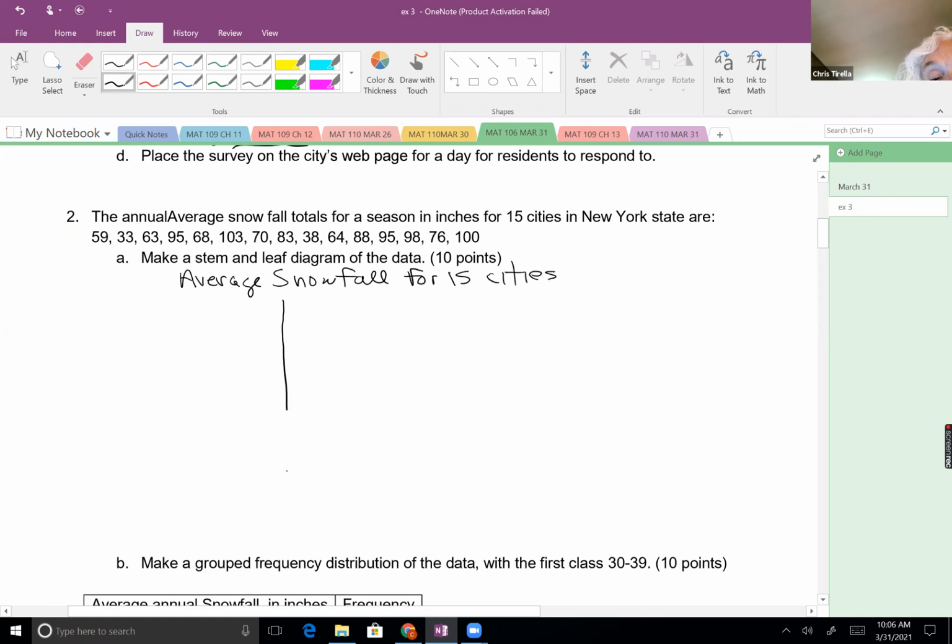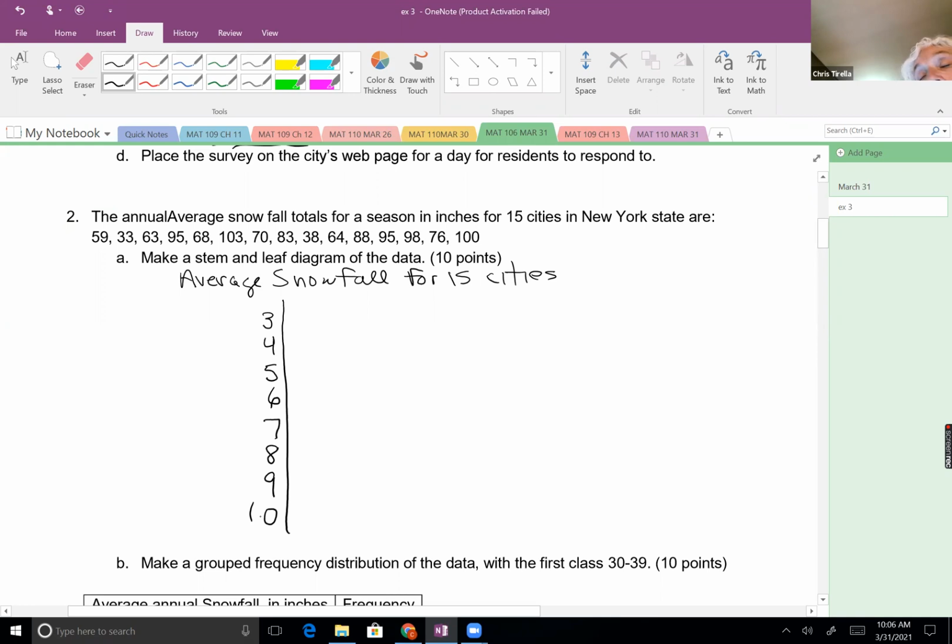And then when we make a stem and leaf diagram, does everybody remember that we're going to look at our data mostly as 2-digit data? The lowest numbers are in the 30s. The highest numbers are in the hundreds. So we have 3 for the 30s, 4 for the 40s, 5 for the 50s, 6 for the 60s, 70s, 80s, 90s.